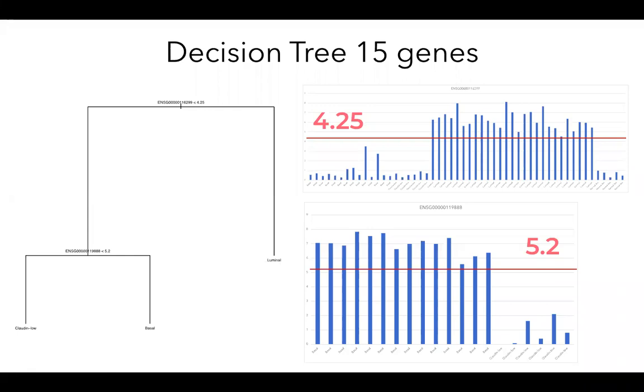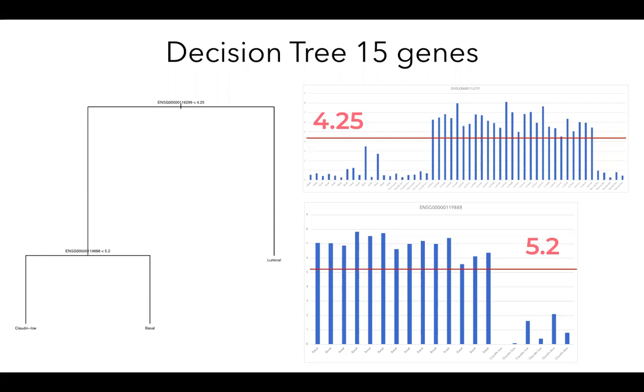So what will this decision tree do? It will find another gene which has such a threshold. It found that basal has a gene expression in this gene which can help it classify with a rule, which is 5.2.